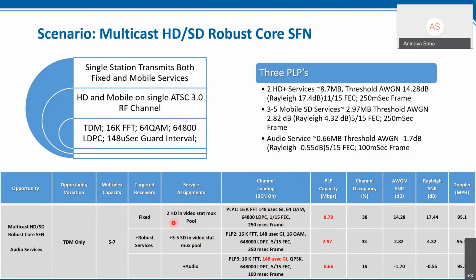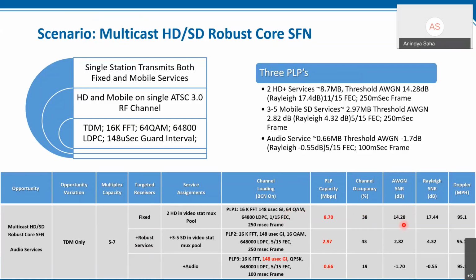Essentially, you can see in terms of the capacity, the fixed terrestrial one uses rooftop antenna reception, and basically needs a high SNR, because we want to push a 64 QAM kind of signal.